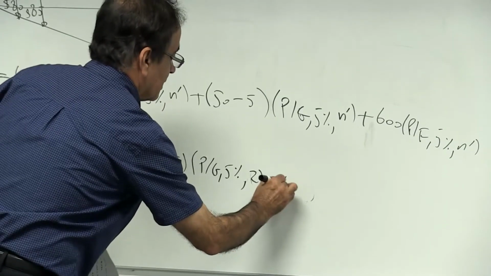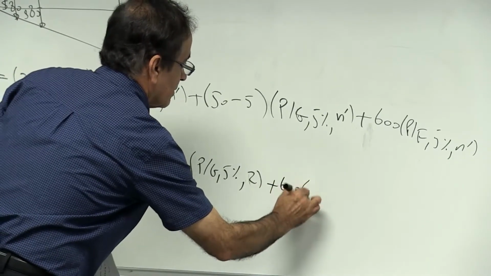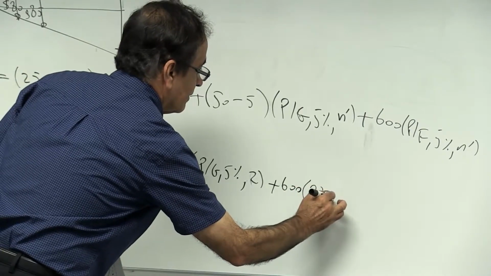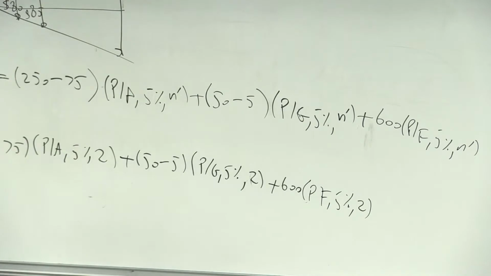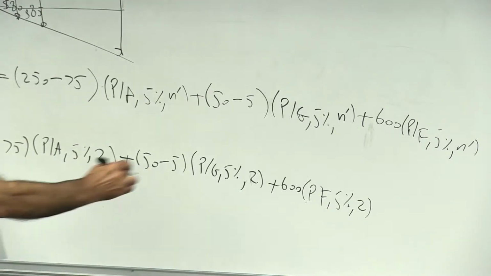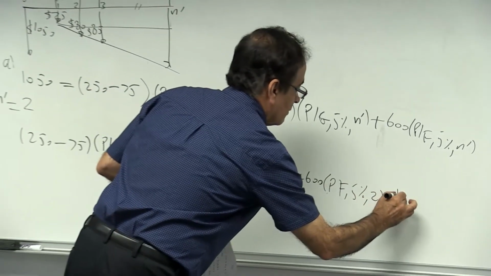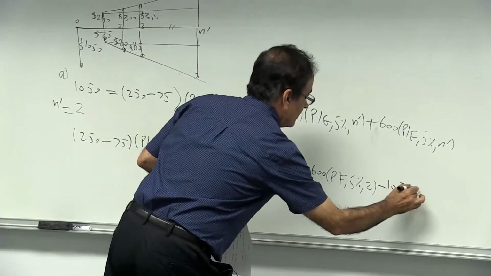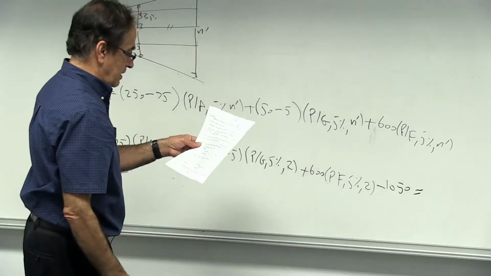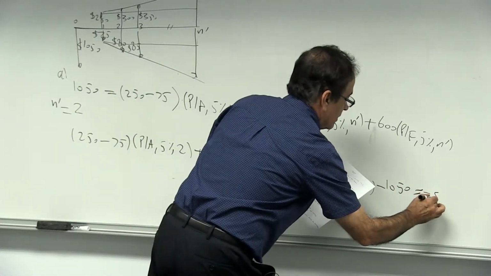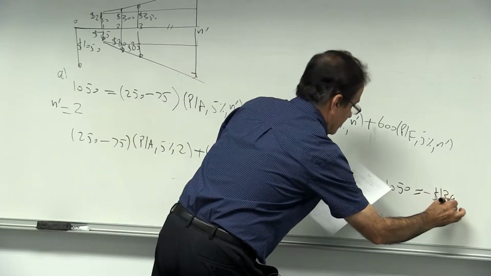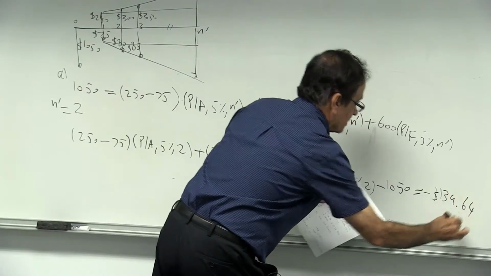So it's going to be 600 P given F, 5% and 2 periods. Now, minus 1050. If I do so, you're going to get the net difference is going to be negative $139.64.